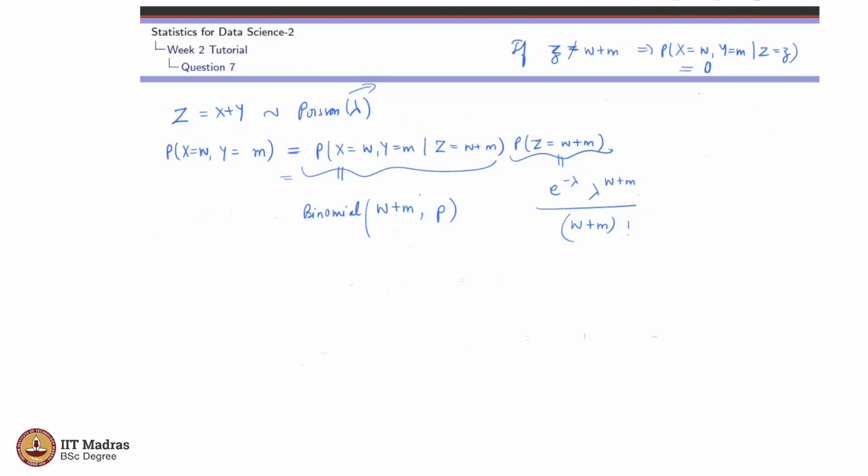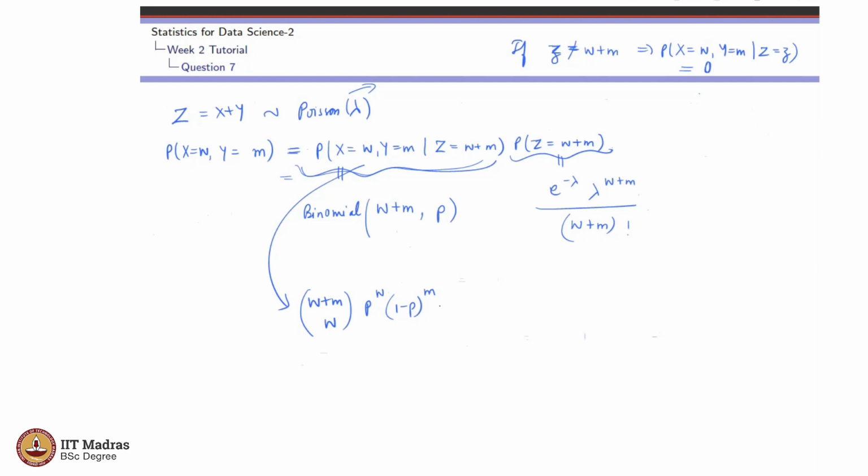Now if you solve this, we can write this as n choose x, where n is w plus m and x is w here. So n choose x, p to the power w, and 1 minus p to the power w plus m minus w, that is m. So if a woman visiting the dance academy is a success, this term models the binomial distribution with parameters w plus m comma p.